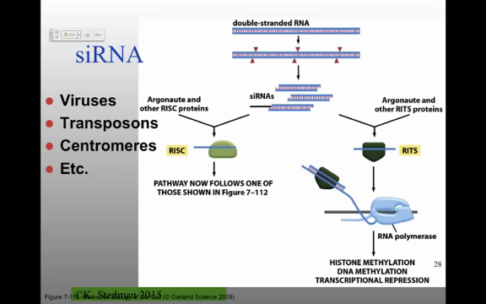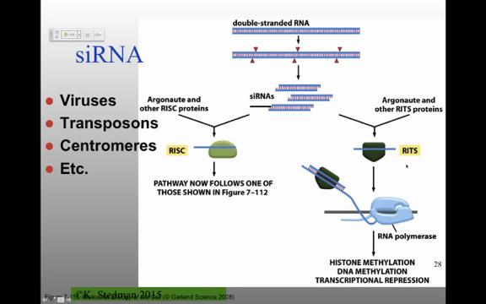Anytime you have transcription across a repeated sequence, you're going to have transcription on one strand, transcription on the other strand. Now you're going to make double-stranded RNA. That double-stranded RNA will cause degradation of those RNAs, but also that brings us to this second mechanism over here, which is RNA-induced transcriptional silencing.